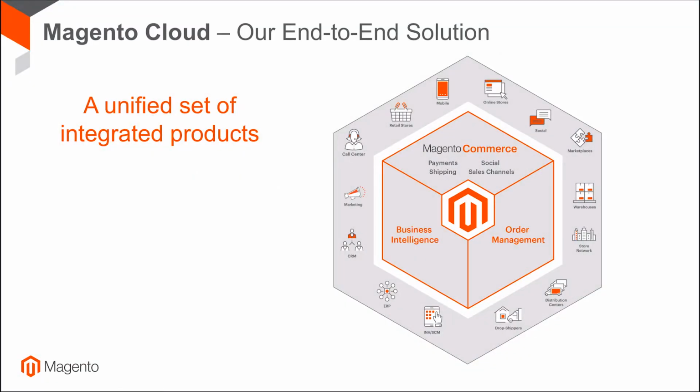So Magento as a product suite encompasses a number of different elements that enable e-commerce businesses to sell online. We have Magento Commerce on the top of this diagram, supported underneath by a dedicated and powerful business intelligence tool, as well as a complex order management system that allows for unique or largely distributed fulfillment distribution networks for use cases like omnichannel, multi-warehouse, more on the complex side of order fulfillment.